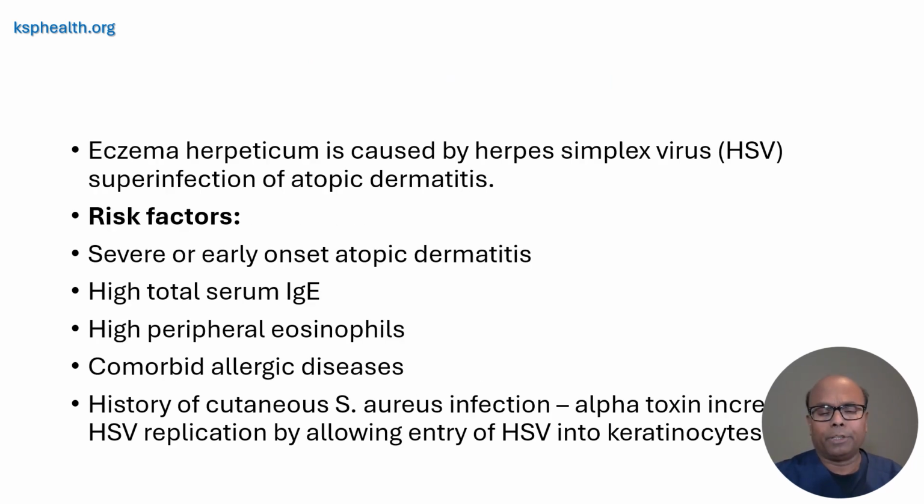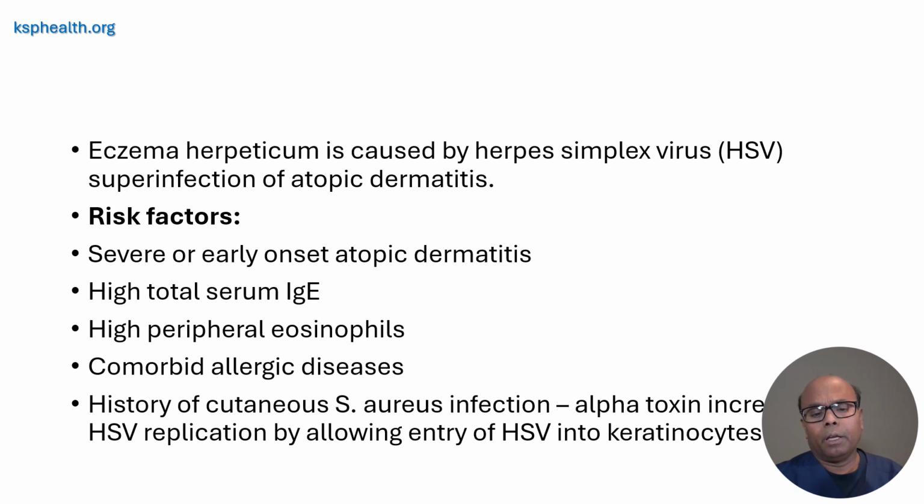Eczema herpeticum, as the name indicates, is caused by herpes simplex virus. It is a superinfection of atopic dermatitis. Not everyone develops eczema herpeticum, but there are some risk factors, especially those who have severe or early onset atopic dermatitis. High serum IgE, high peripheral eosinophils, and associated other comorbid allergic diseases.